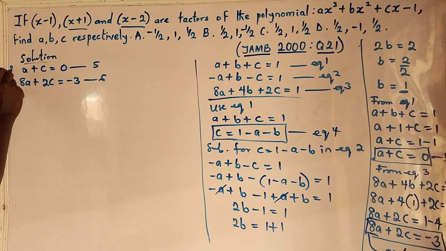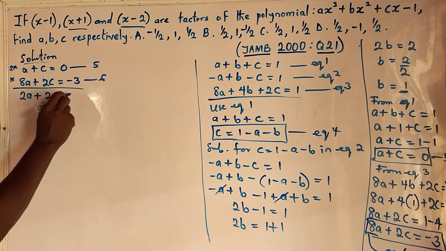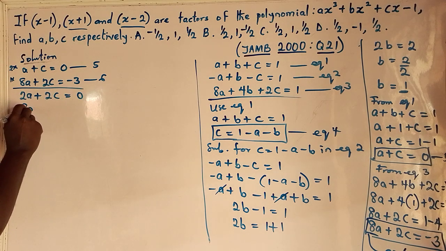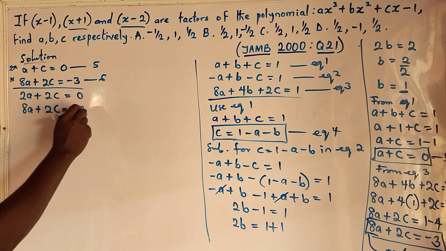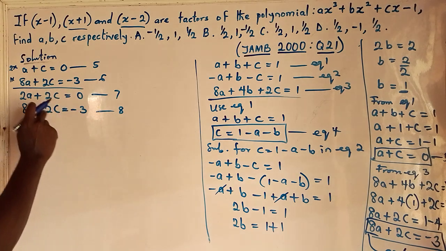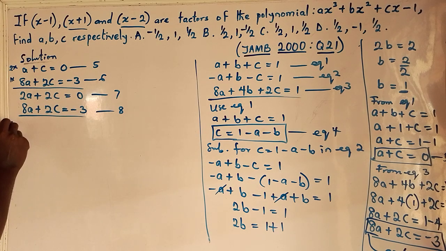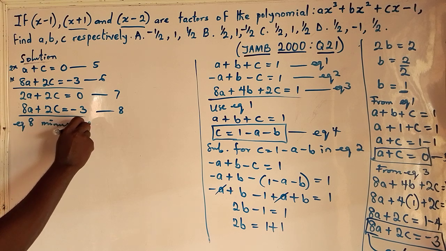So let's multiply this with 2, and then we multiply this with 1. So we have 2A plus 2C equals 0 and 8A plus 2C equals minus 3. So equation 7, equation 8. So equation 8 minus equation 7.